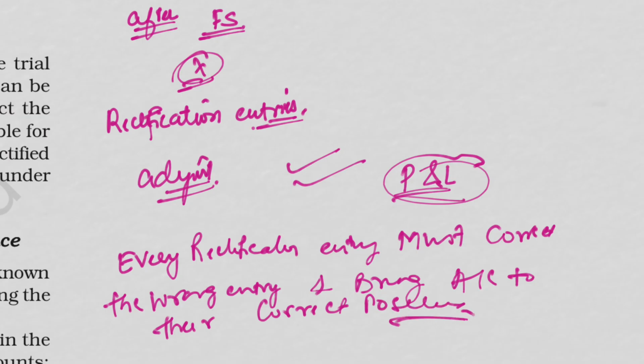So this basically means that the rectification entry should cancel the incorrect effect and record the correct effect. So thus the accounts become accurate.